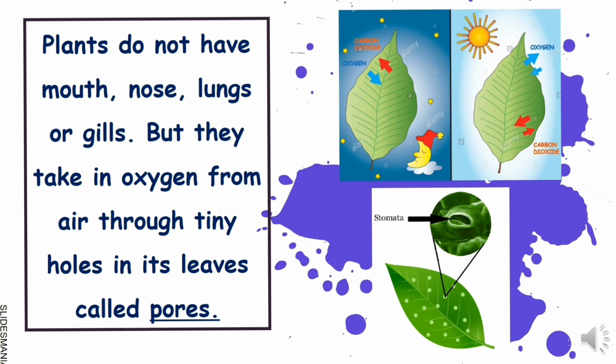If you take a leaf and look, you cannot see any holes. We need a microscope to find the tiny holes. And we know that plants take in carbon dioxide and give out oxygen, but this is when they make their food during photosynthesis. Normally, like at night when they breathe, they take in oxygen and give out carbon dioxide.